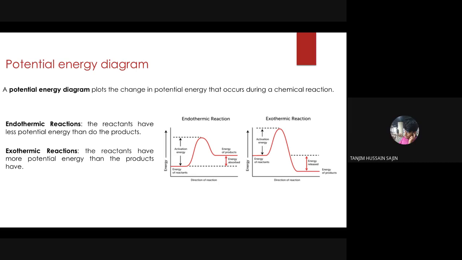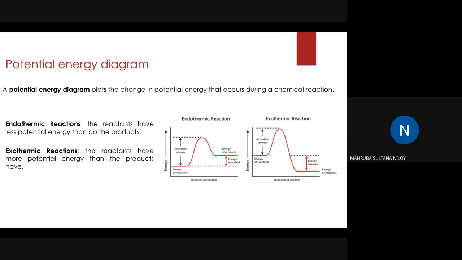Sir, in an endothermic reaction, the reactants have less potential energy than the products. Okay. And what happened in the exothermic reaction then? In the exothermic reaction, the reactants have more potential energy than the products.